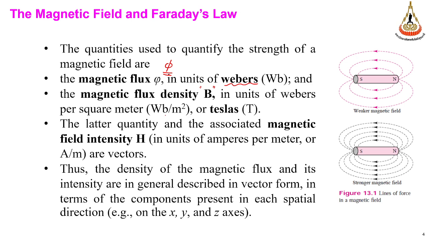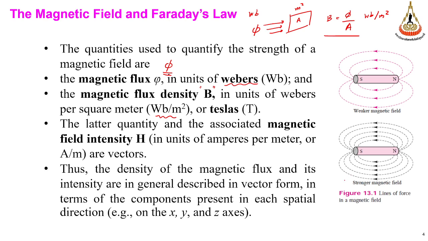It's in Weber per square meter. So if we have the area A, and this is the total flux in Weber, and A in square meter, therefore the density is the flux per area, Weber per square meter.